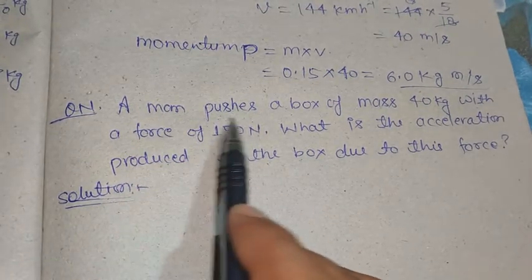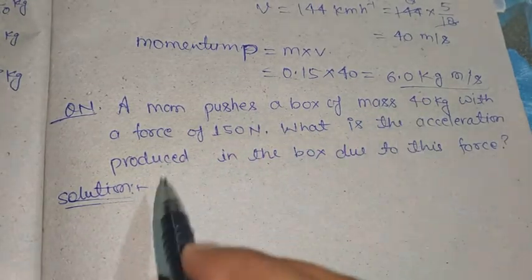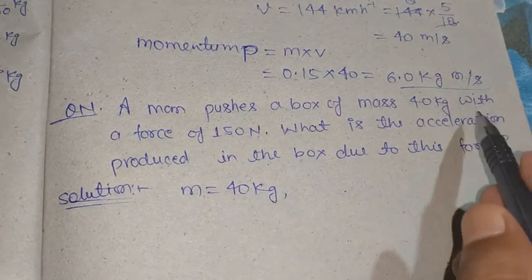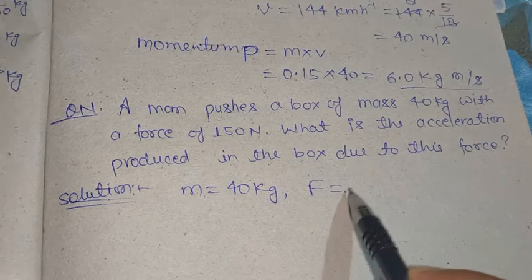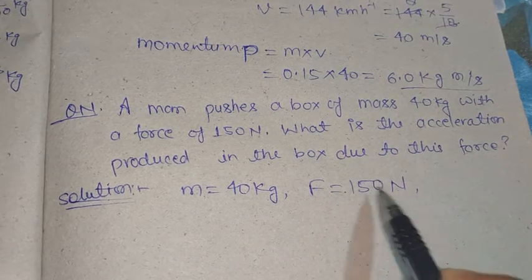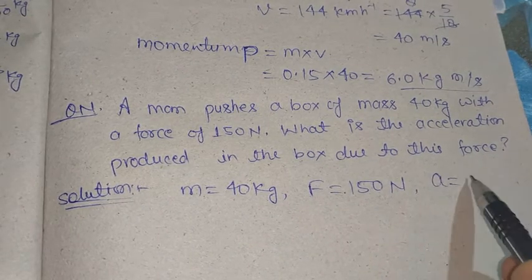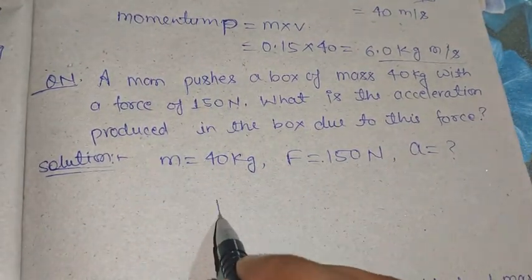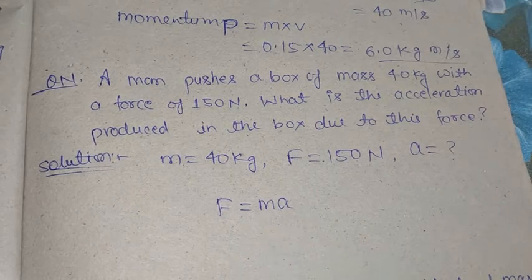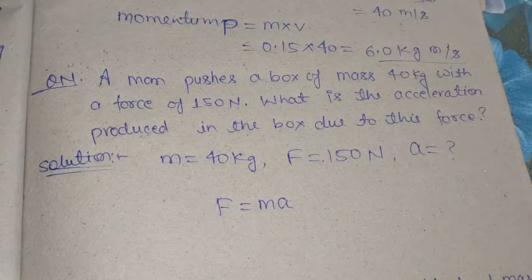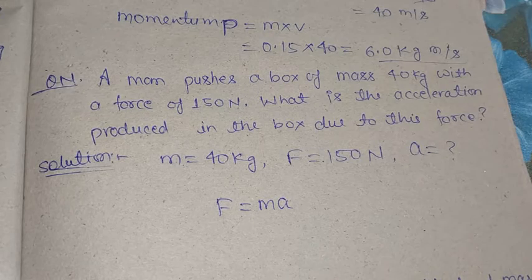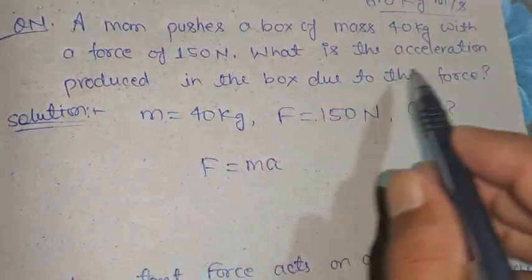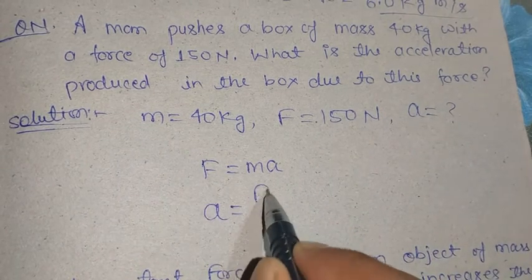A man pushes a box of mass 40 kg, so m is equal to 40 kg, with a force F equal to 150 Newton. What is the acceleration produced? We know F equal to ma. This formula comes from the second law of motion. So the acceleration is equal to F by m.